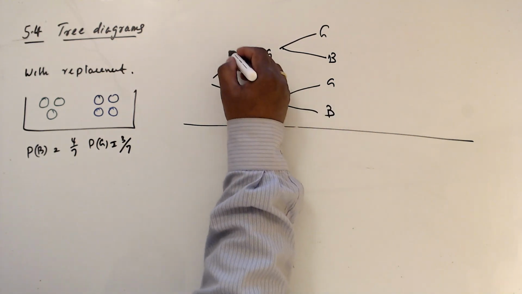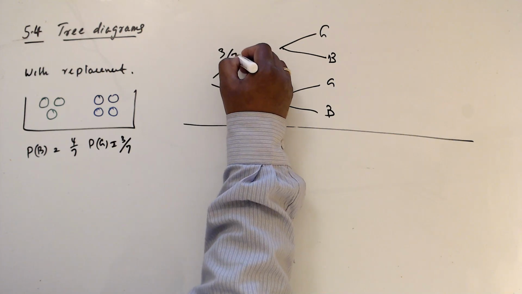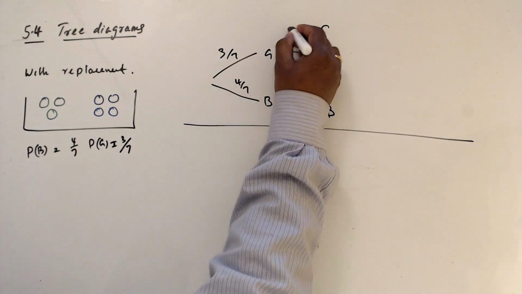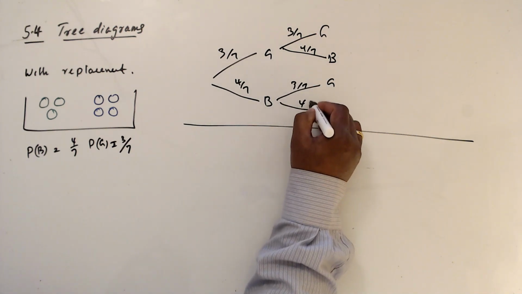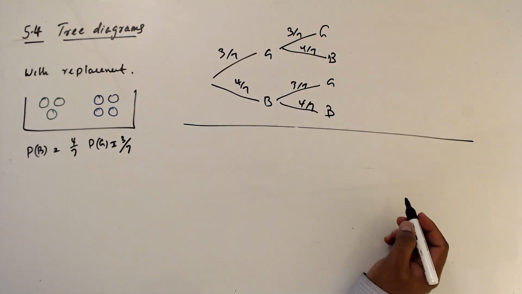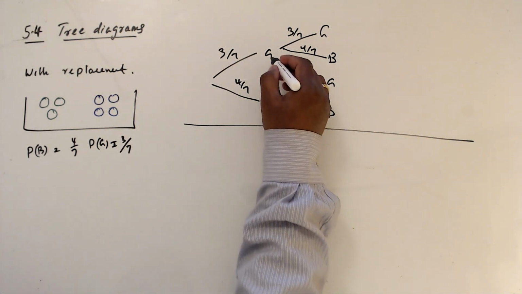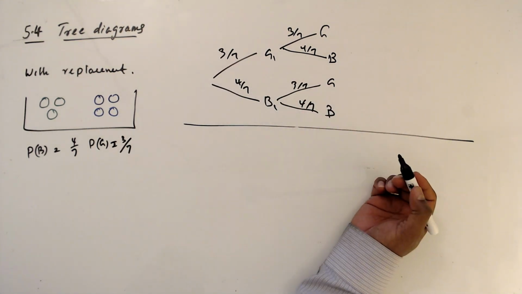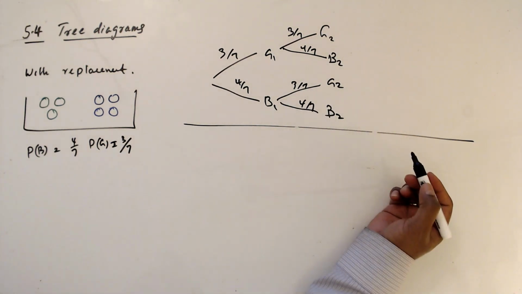Green is 3 over 7, blue is 4 over 7, and so on. I will name these G1, B1 for the first pickup, and G2, B2 for the second pickup.